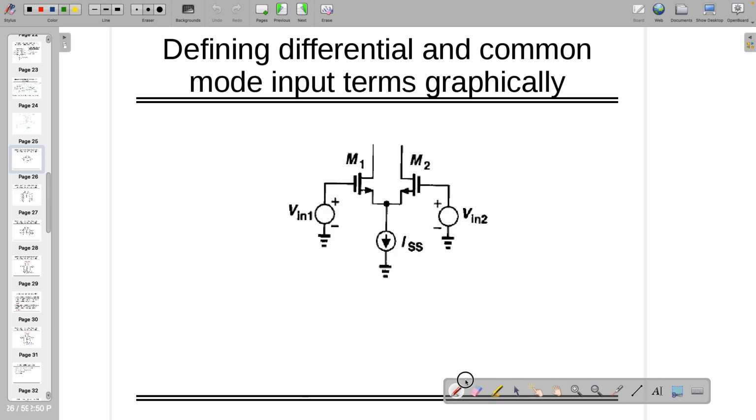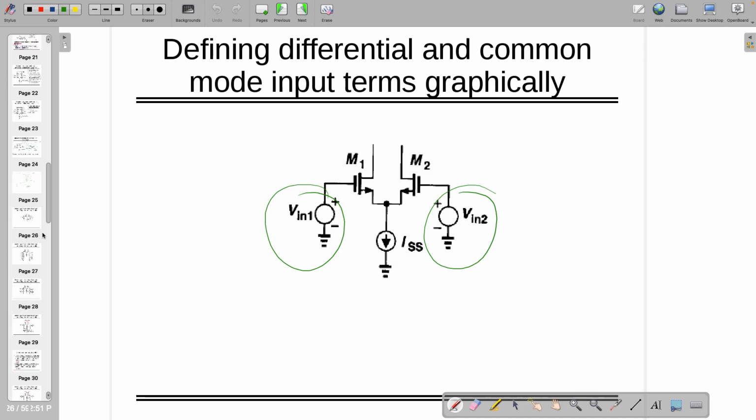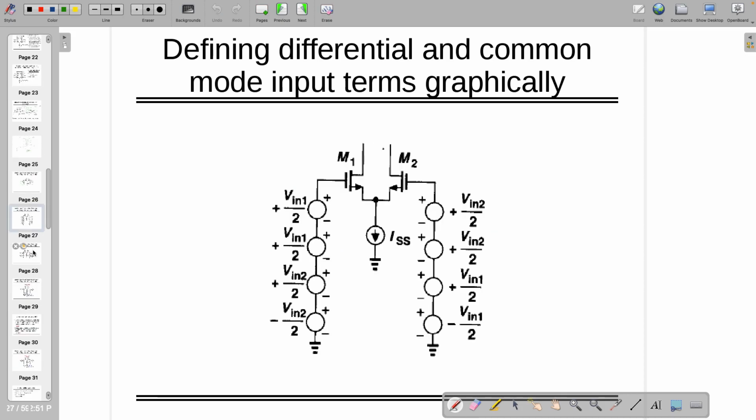What is differential? So V in 1, V in 2 are 180 degree phase shifted, but I am drawing the same thing again like this. I can call V in 1, V in 2, then the other side I am keeping this as 0 quantity only.